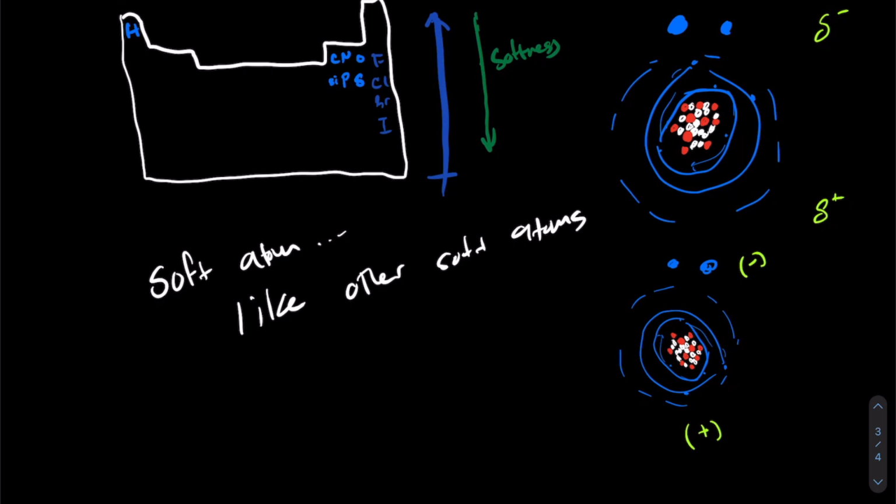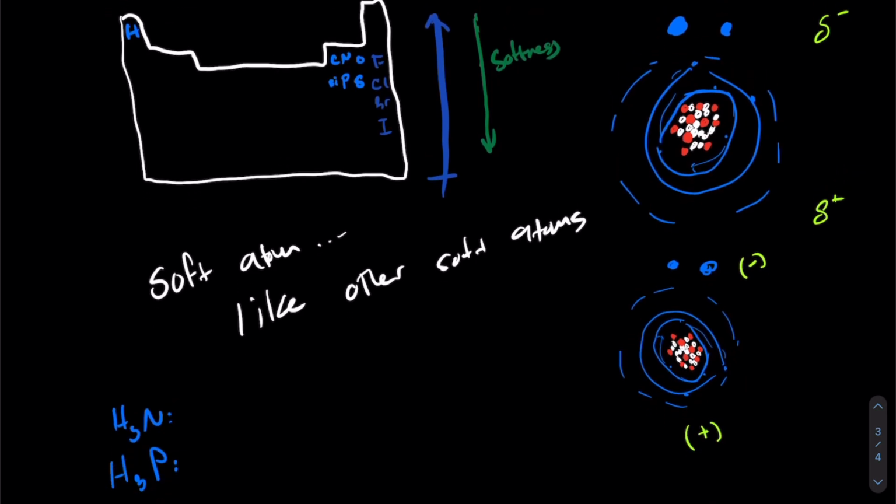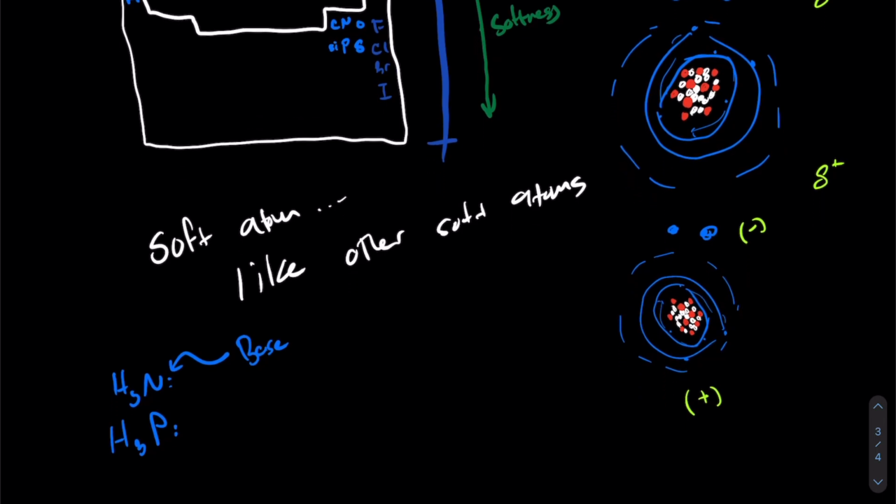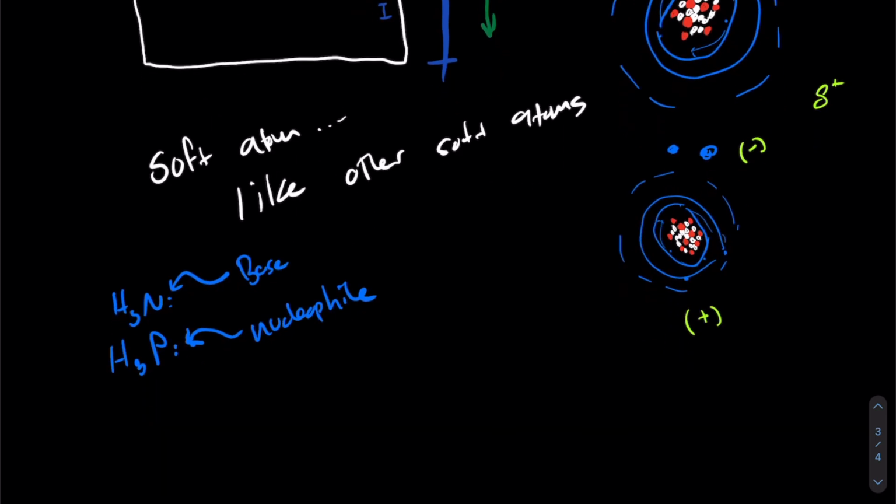Now, this trend is going to be repeating itself, so let's just say, which is the better base? NH3 or H3P? All right. Well, based on this analysis up here, ammonia is going to be the better base, and phosphine is going to be the better nucleophile. How do we know this?